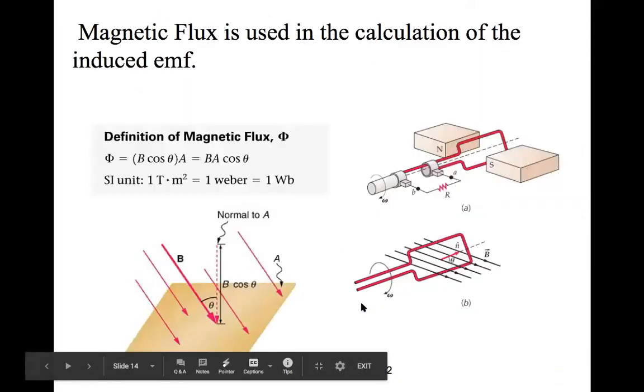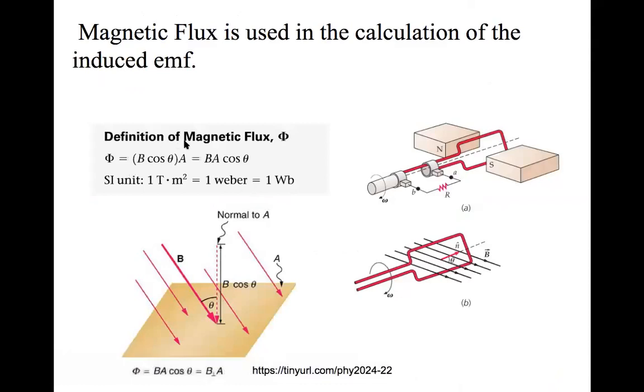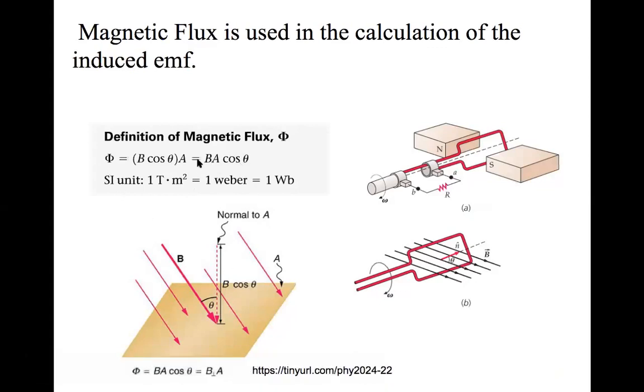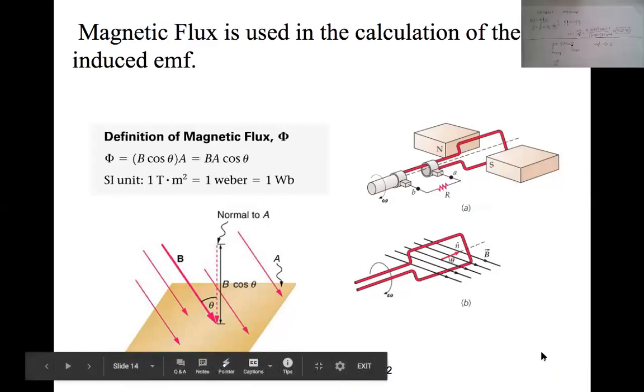Again, because the magnetic flux is changing, and it's because the phi is changing. Assuming we start from what you have here, the flux is B A cosine theta. Then you do change in flux over change in time, delta phi over delta t.